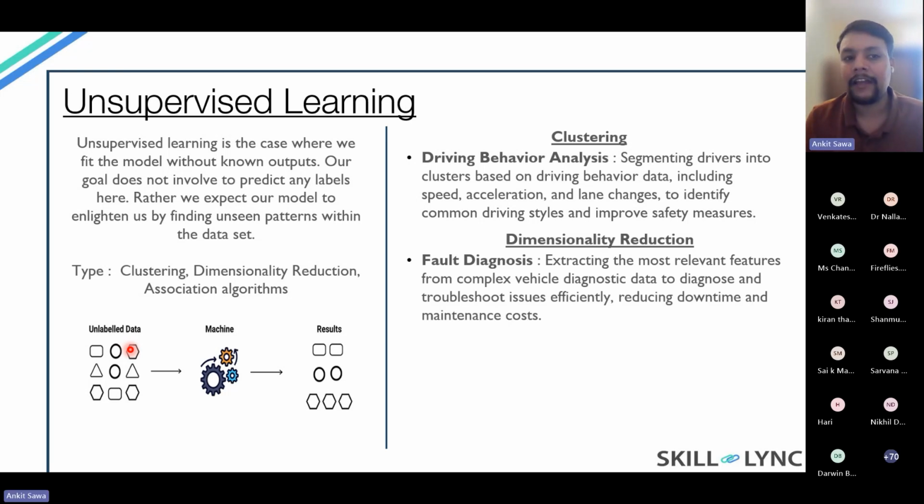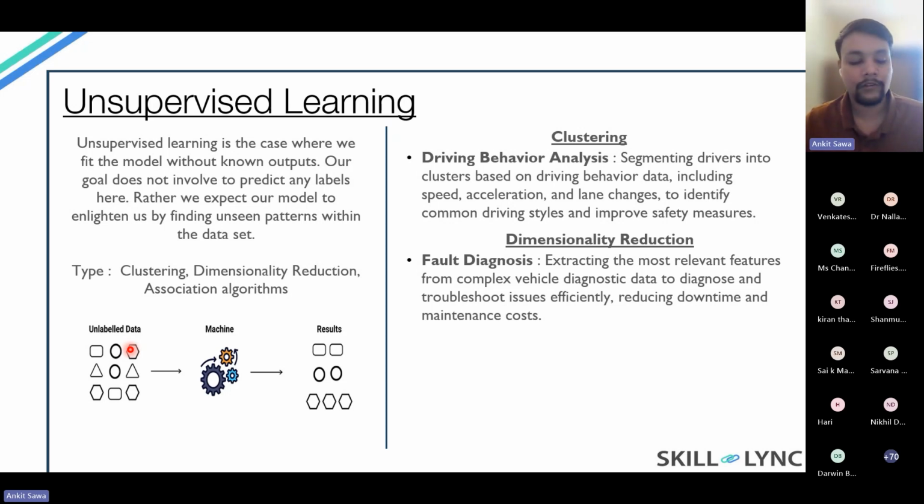Now, the second type of unsupervised learning is dimensionality reduction. This also is a very classic example when you see it in a manufacturing space, right? Sometimes you have thousands of sensors mounted on particular machines which collect data every minute, every second, right? And you are trying to understand when a fault is going to occur. Making sense of all those thousands of data points becomes very tedious and may not be very productive.